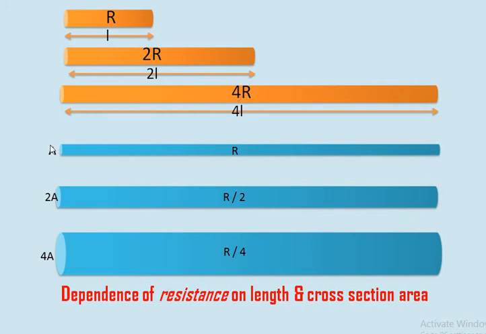Similarly, for the cross section area A, if resistance is R, when we double the thickness or cross section area, then resistance will become R by 2, and when it becomes 4 times or 4A, then the resistance will become R by 4.